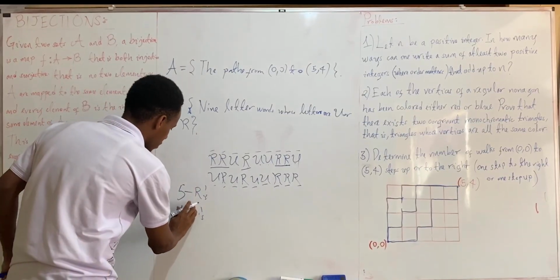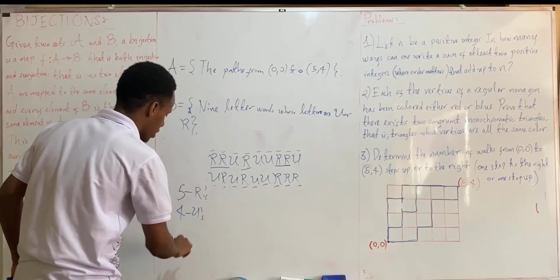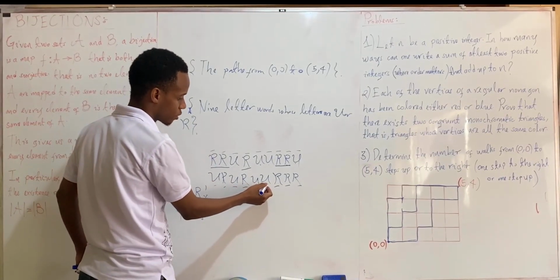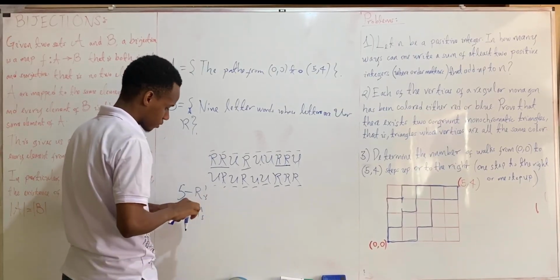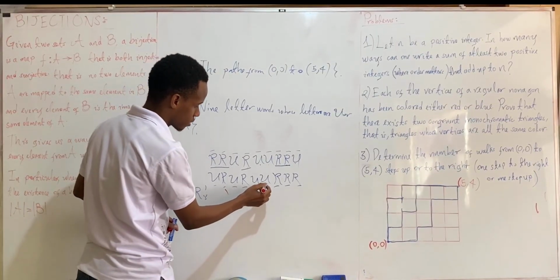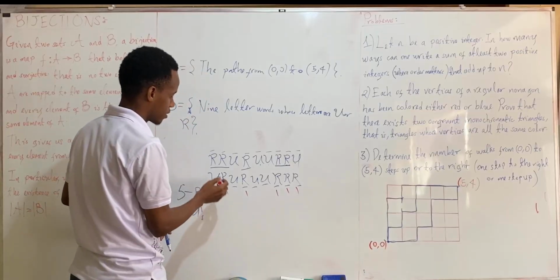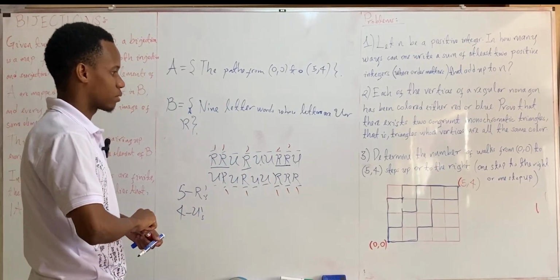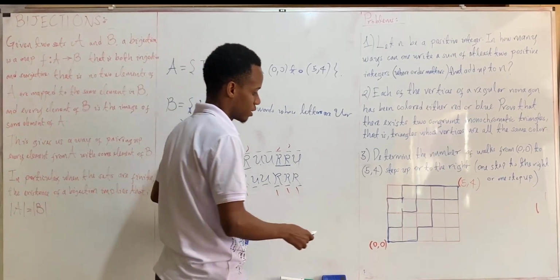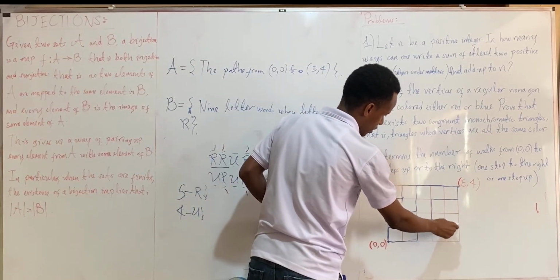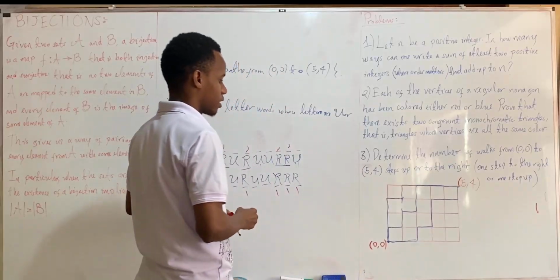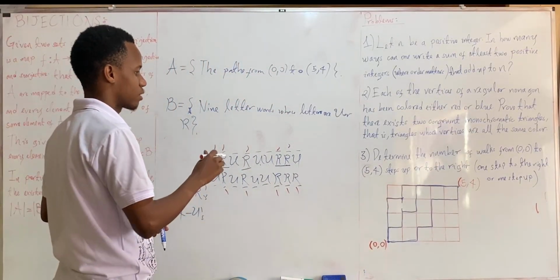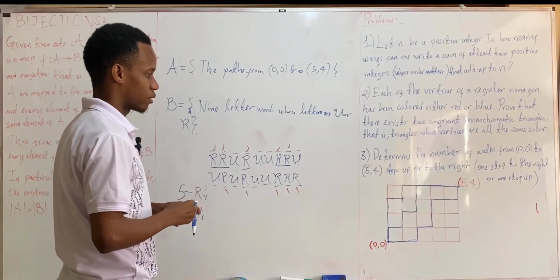So 5 rights and 4 U's. In this case we have 1, 2, 3, 4 U's, and we have 1, 2, 3, 4, 5 R's. Similar to this case, you have 5 R's and 4 U's. So for example, the path that goes all the way to the right and then all the way upwards has 5 R's in the beginning and then ends with a consecutive 4 U's.